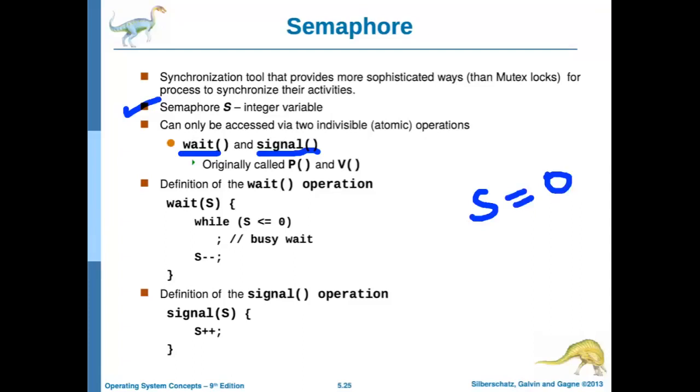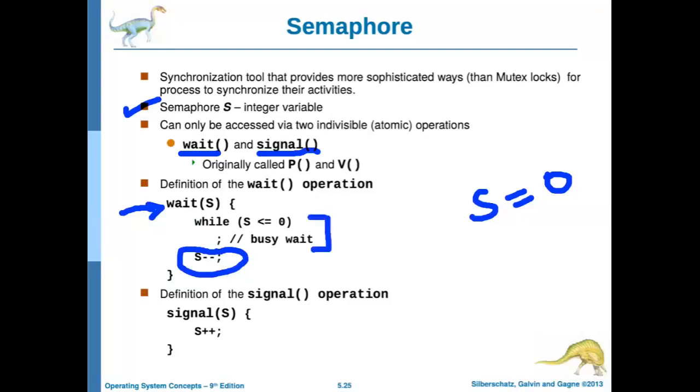If somebody wants to acquire the resource, they go through the first part, that is wait on S. And what wait does, the most important thing, is decrement the value of the semaphore variable by 1. But there's a condition: if the value is less than or equal to 0, you have to wait. Only if the value is greater than 0 can you decrement.